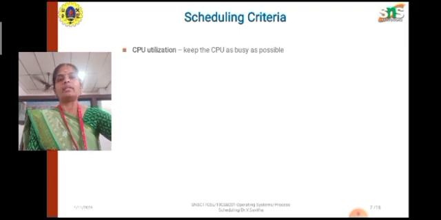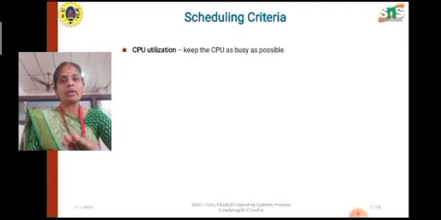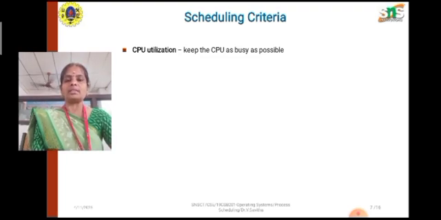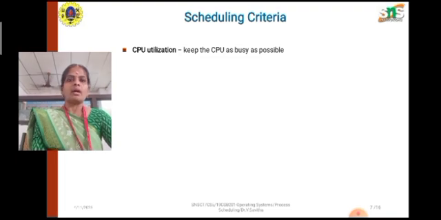Now we'll enter into the scheduling criteria, which is very important. Before entering into the various types of scheduling, I have to decide what criteria are needed in order to find the optimized solution. First and foremost is CPU utilization, which means how far the CPU is utilized for the execution of processes.